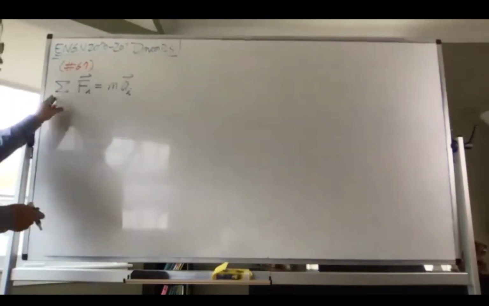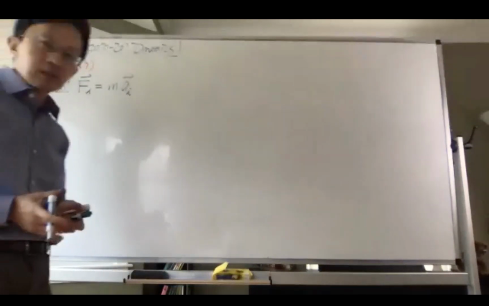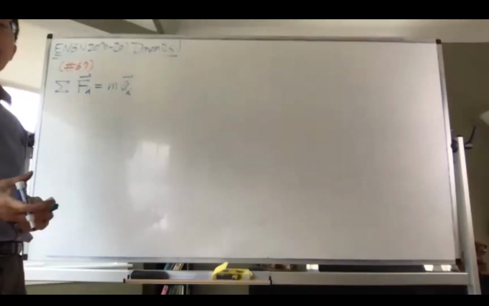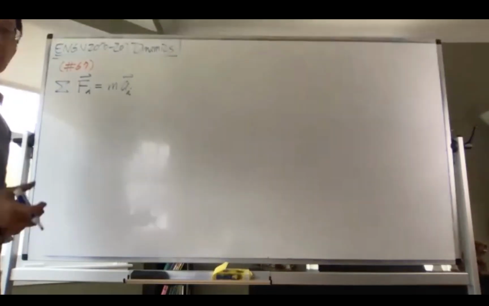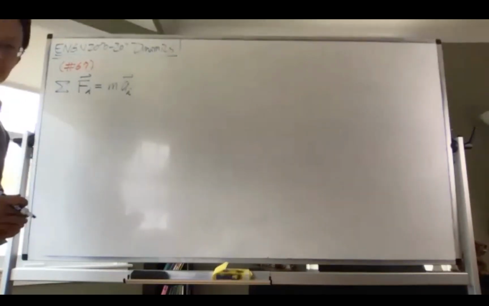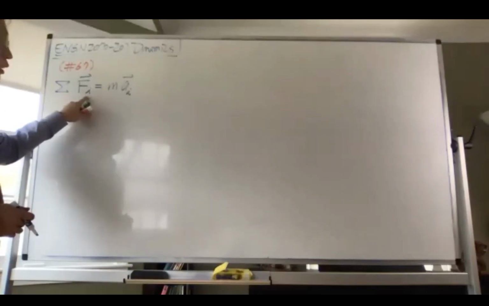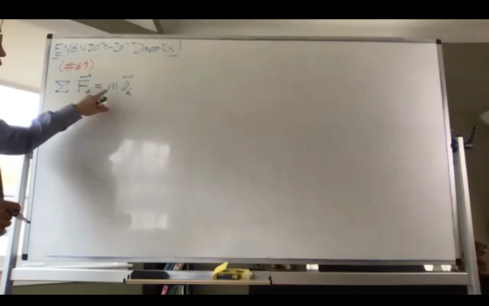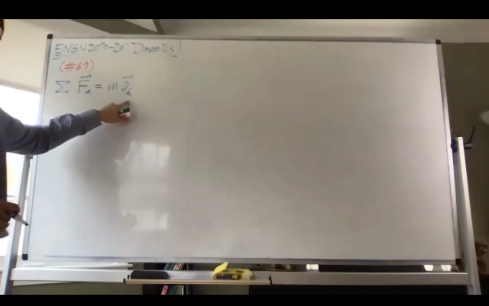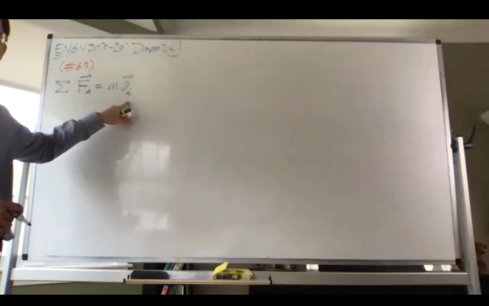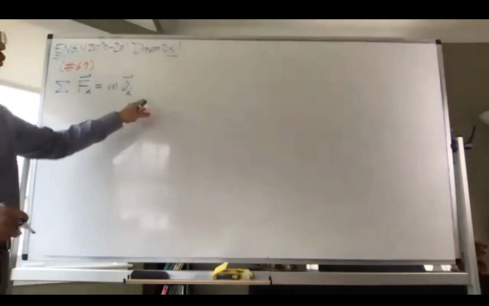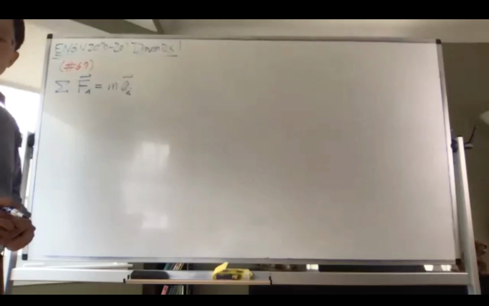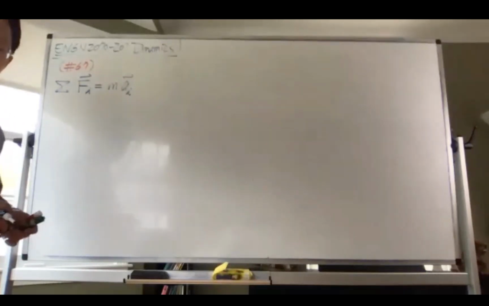The summation of all the forces applied to a system equals the product of mass times the corresponding linear acceleration in that direction. So the forces in the x direction correlate only to the mass times the linear acceleration in the x direction, and so on for the y and z directions. This is what we call dynamic force equilibrium.